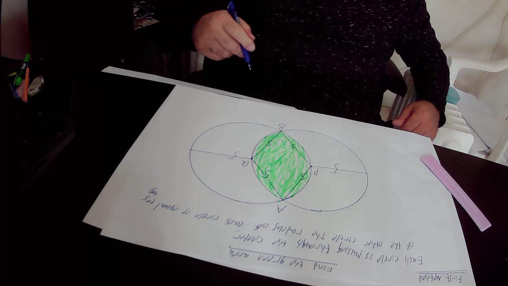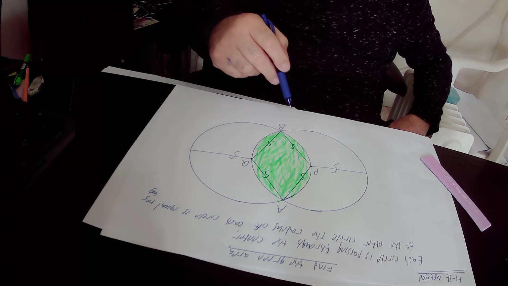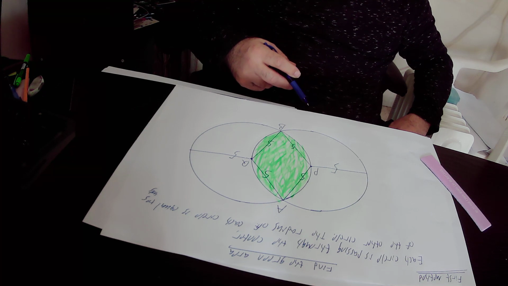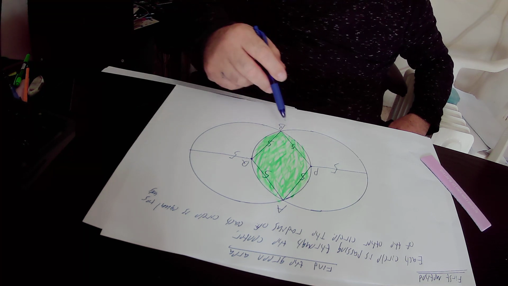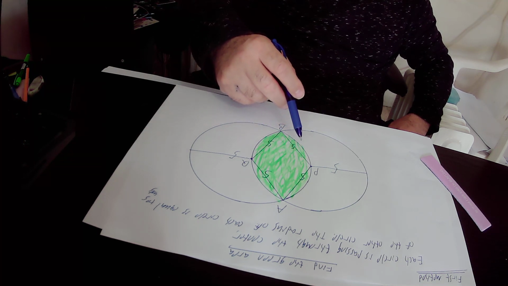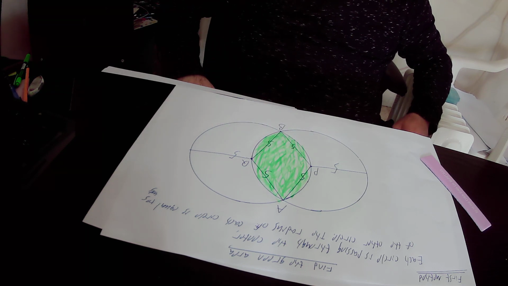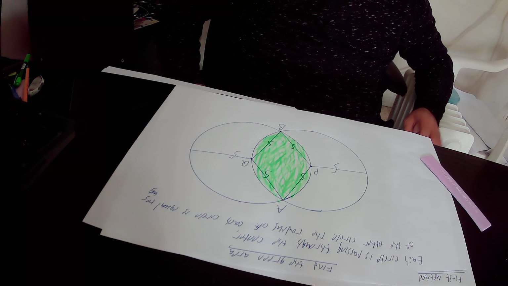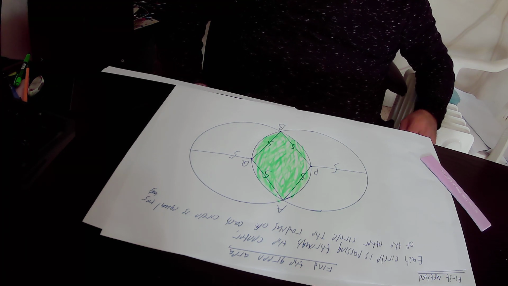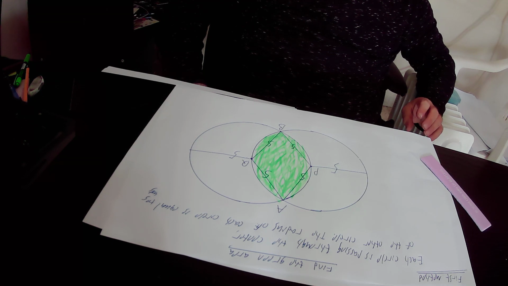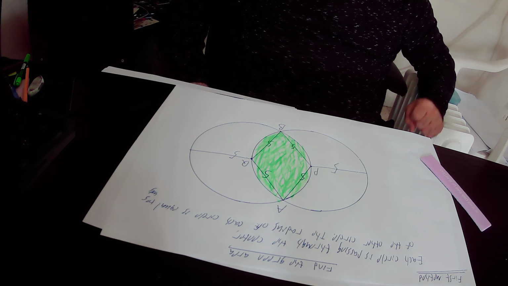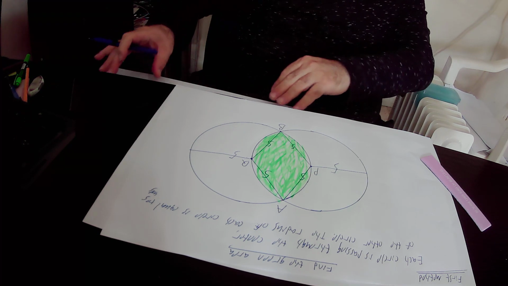So here we have quadrilateral APBQ, and all the sides of quadrilateral APBQ are equal to each other, they are equal to 5 units. And any quadrilateral whose sides are all equal to each other, but whose angles are not all equal to 90 degrees, is defined as a rhombus.